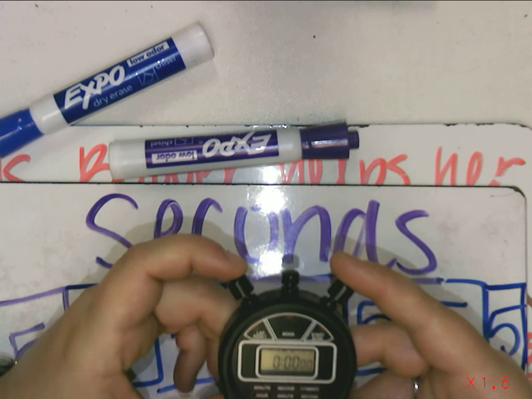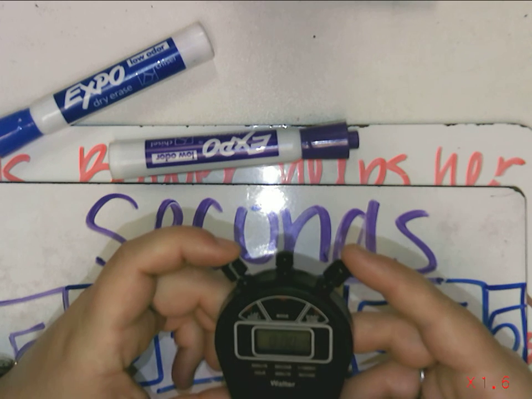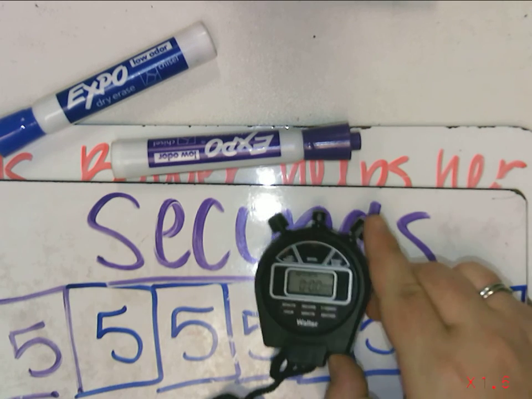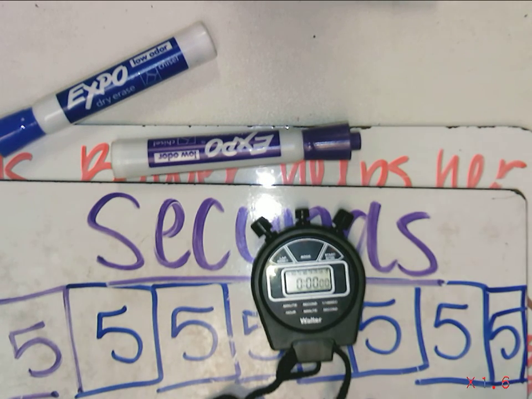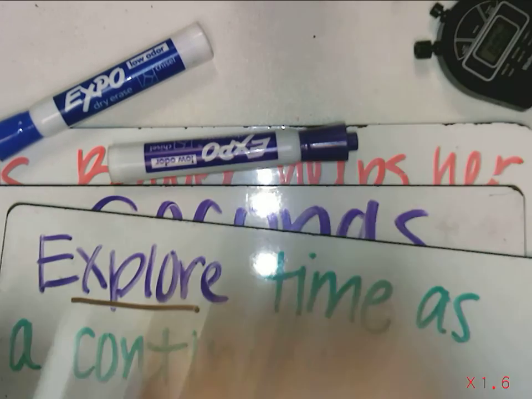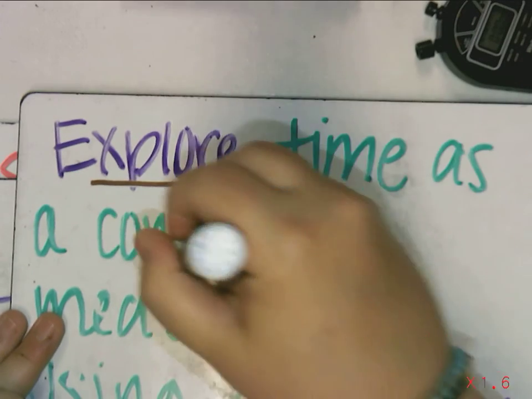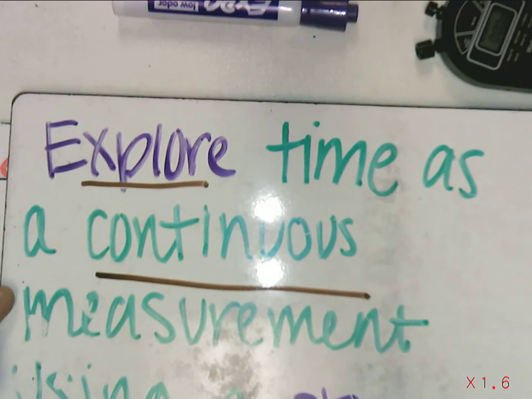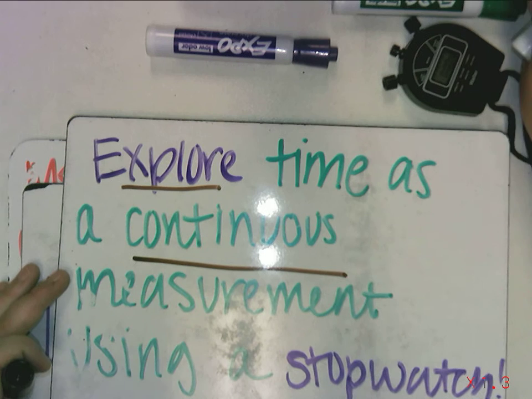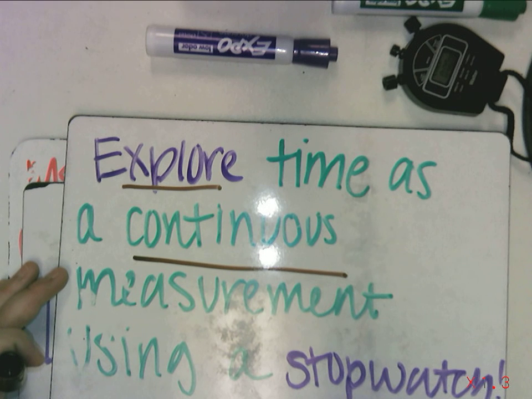It's our measuring that we stopped. Time is continuous. So that's that word that we learned earlier, continuous. Okay, so continuous means, let me zoom back out, continuous means that it does not stop, but it's always moving forward. We just use stopwatches and clocks to measure its movement.